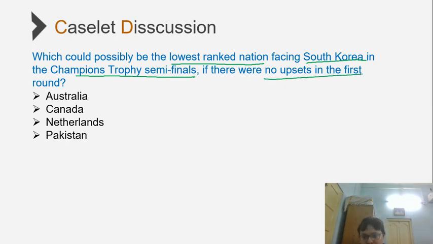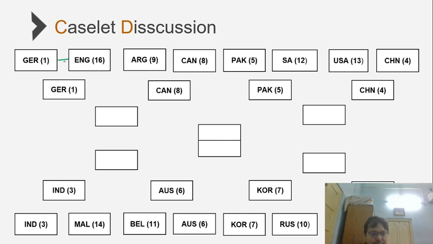If there were no upsets in the first round, no upsets in the first round means the better team is qualifying to the quarter finals, which means that between Germany and England, rank 1 will qualify, 8 and 9, 8 will qualify, 5 and 12, 5 will qualify, 4 and 13, 4 will qualify, 2 and 15, 2 will qualify, 7 and 10, 7 will qualify, 6 and 11, 6 will qualify, 3 and 14, 3 will qualify. So basically we have the top 8 teams in the quarter finals. Why? Because there was no upset in the first round.